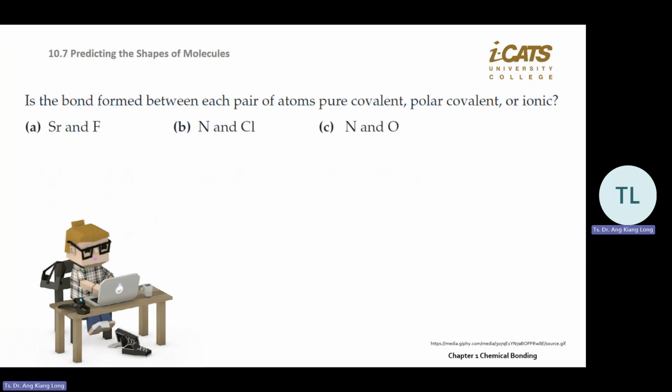SrF, you refer to the table, the difference, delta EN, how many? If this kind of question comes out, you need to write delta EN equals, and then from the table you write it.